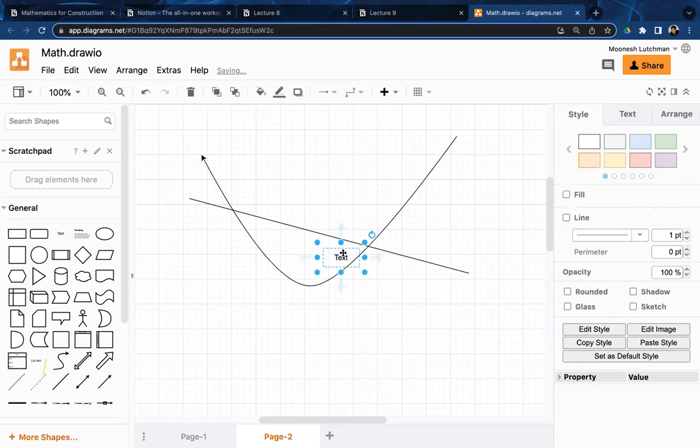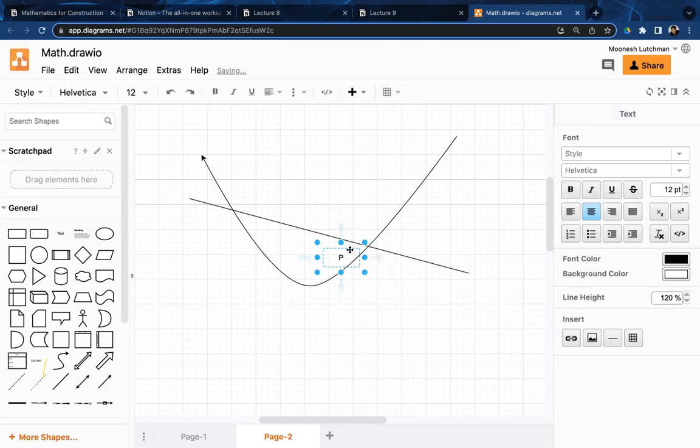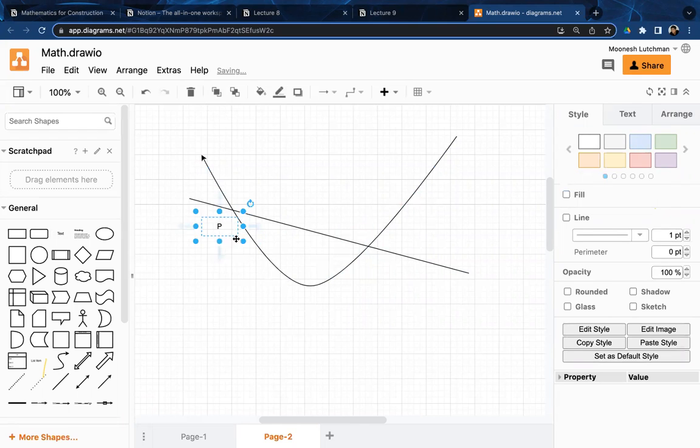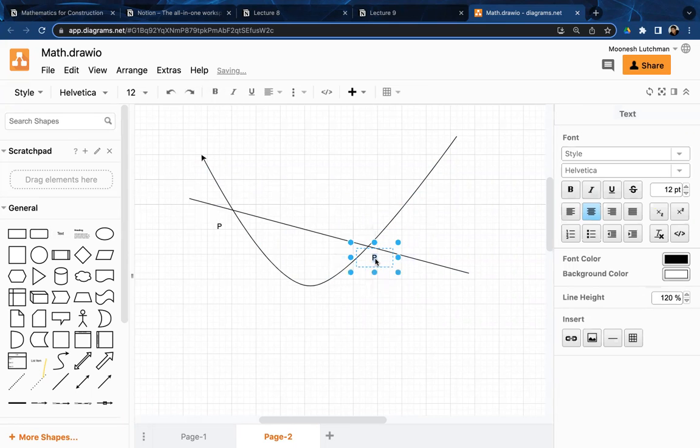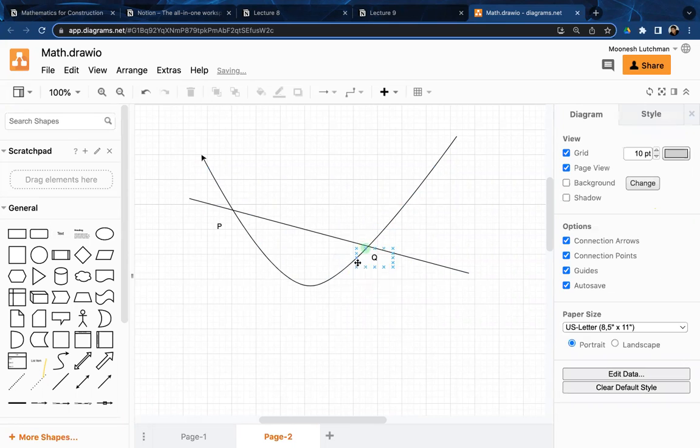So this is P over here. And this is Q, right? This is basically what's going on, because they say the x coordinate of P is less than the x coordinate of Q. So PQ is where this curve intersects with this line.